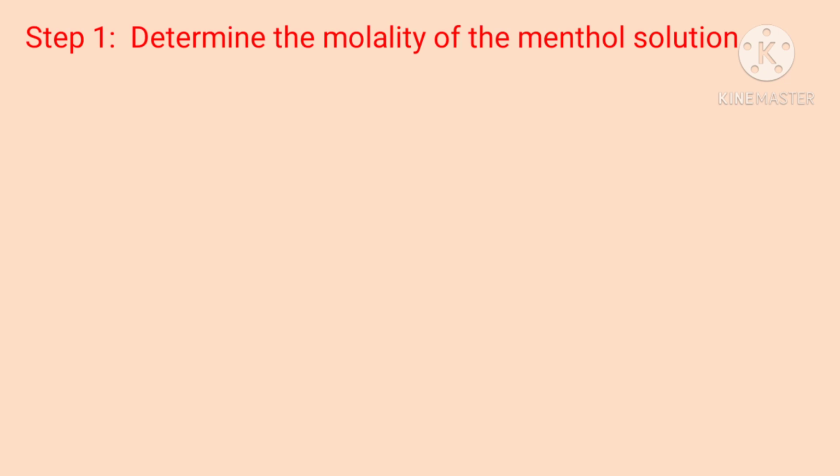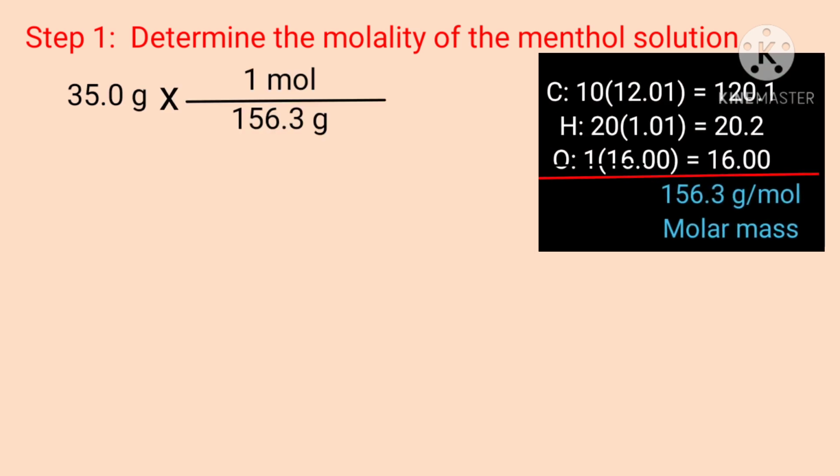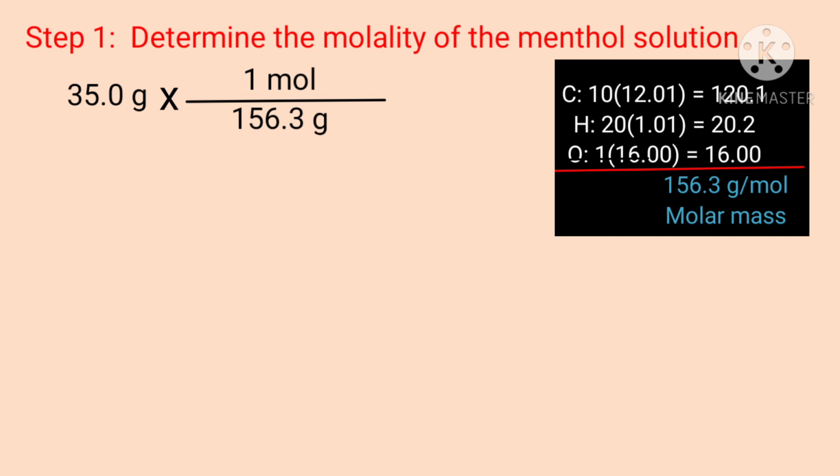To get the new boiling point of a solution, step 1, determine the molality of the menthol solution. 35.0 gram of menthol times the molar mass of menthol, which is 156.3 grams per mole. Then cancel the grams. Then it will be 0.22 moles of menthol.